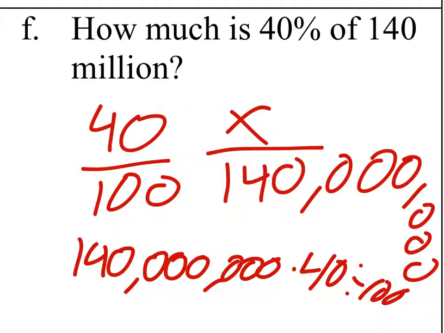Fishy method. And that would equal 56 million.